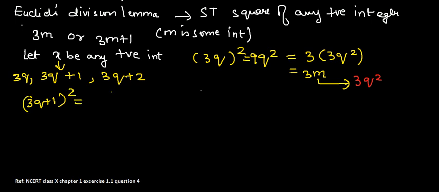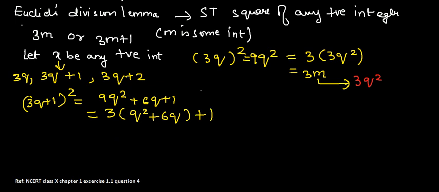Now next let's look at 3q plus 1 whole square. Now 3q plus 1 whole square is 9q square plus 6q plus 1. So that equals 3 into 3q square plus 6q plus 1. Sorry, 3 is common, so 3q square plus 2q plus 1, and this equals 3m plus 1, where m is 3q square plus 2q.